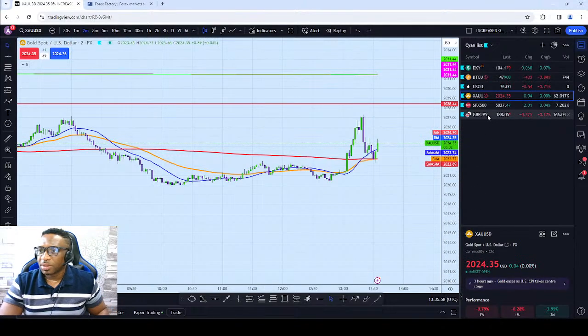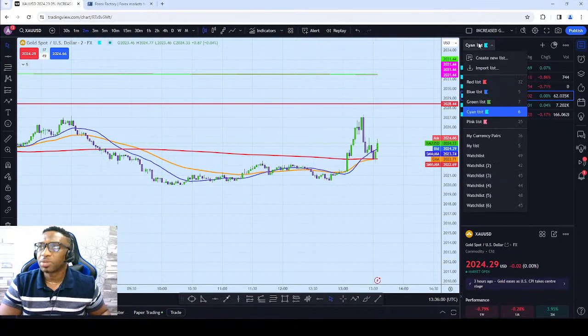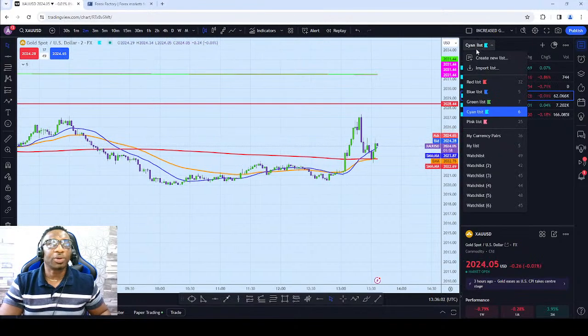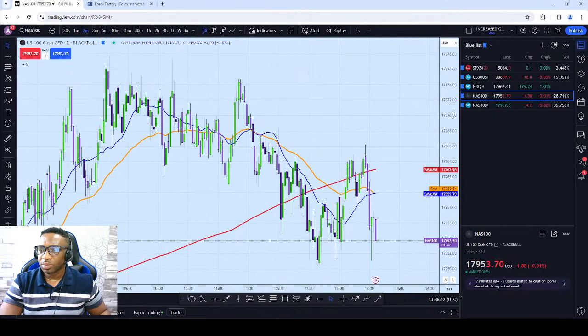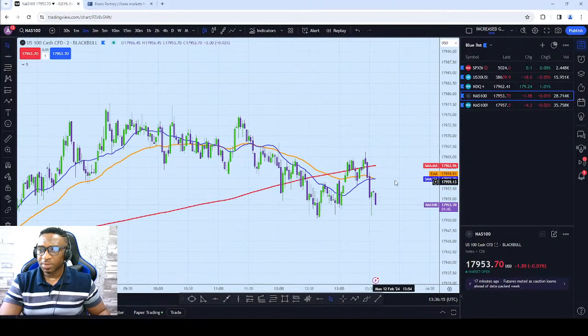Okay guys, so let's go back to see what's happening on the other side. Yeah, the pullback is quite deep on both NAS and US 30, and I suppose on the SPS as well.